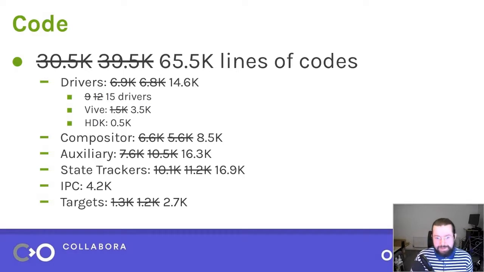The RPC layer is new, so it doesn't have more numbers. You can see that the VI driver has grown a fair bit, and that's because we have added support for the Index controllers. We have hand tracking via the Index controllers there as well. So that's all of that code that's there.